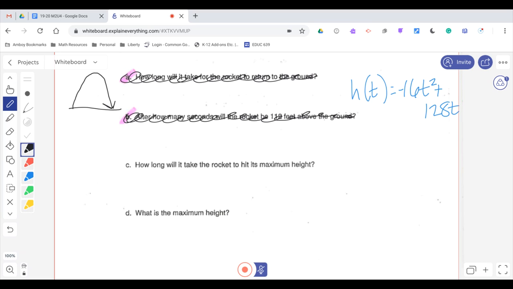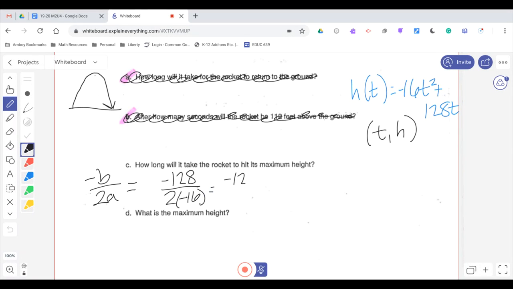Again, my coordinates go like this, and I want to use negative b over 2a to figure out how long it is going to take for the rocket to reach that highest point. My b is 128, so I'm going to use negative 128 over 2 times a, which is negative 16.